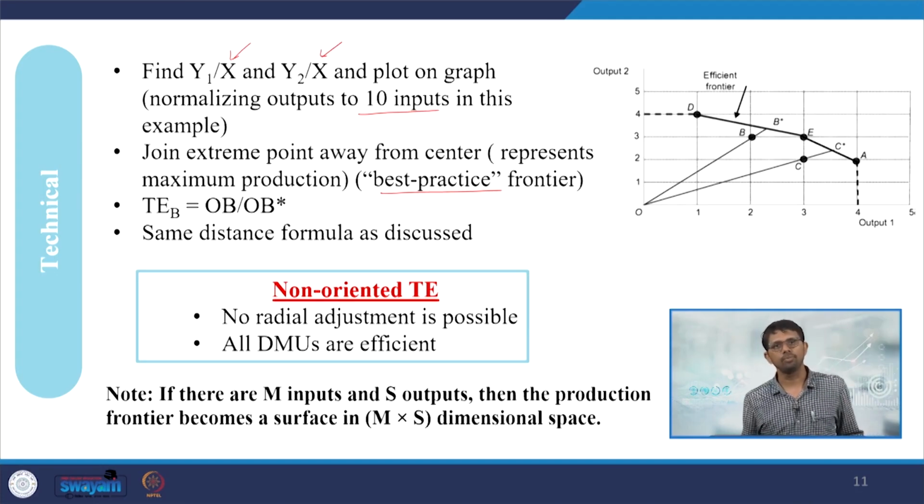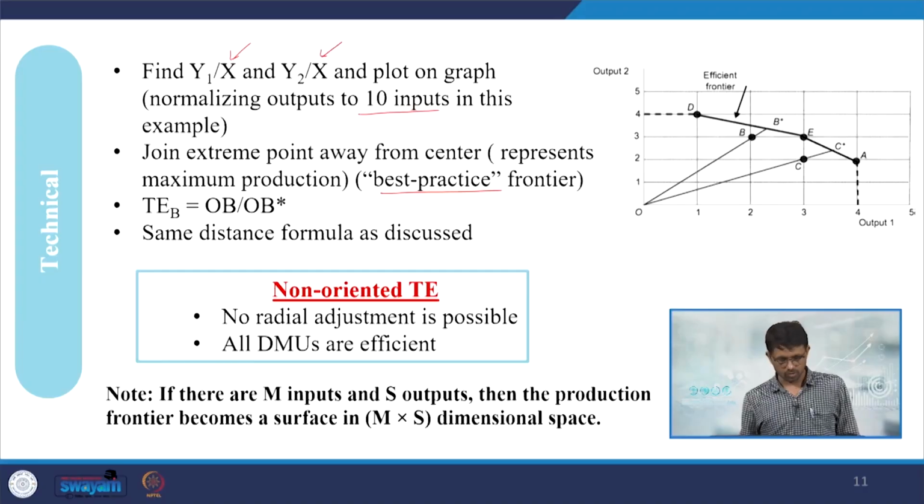If there are m inputs and s outputs, where we used to start with a limited number of 2 inputs and 1 output, or 2 outputs and 1 input, then the production frontier becomes a surface in the dimension of m times s space.